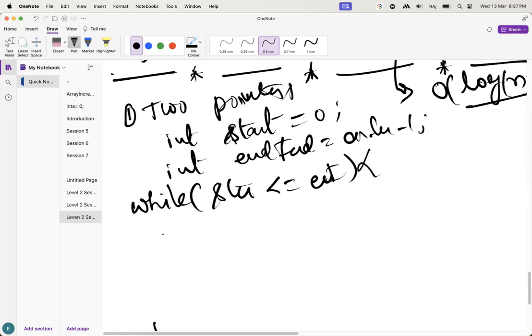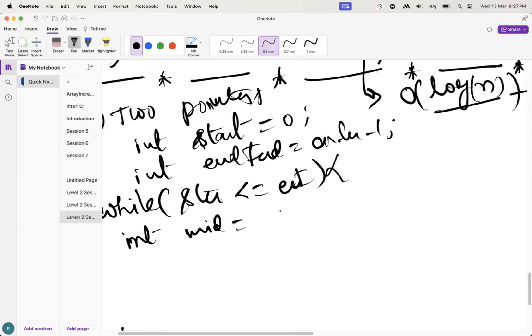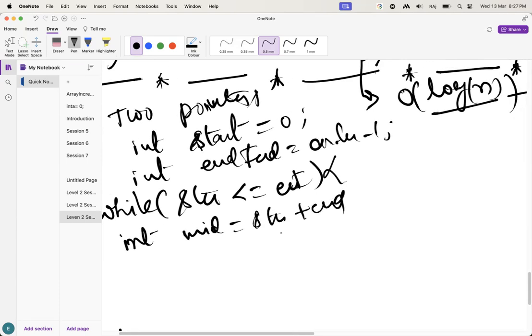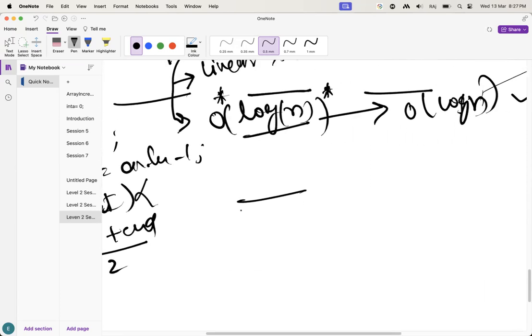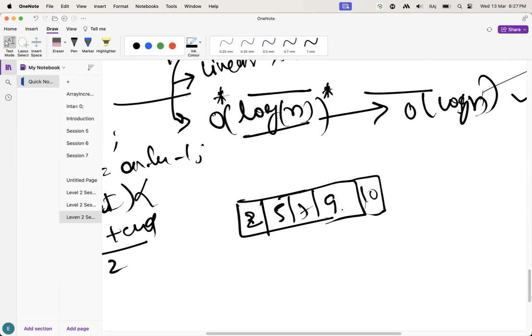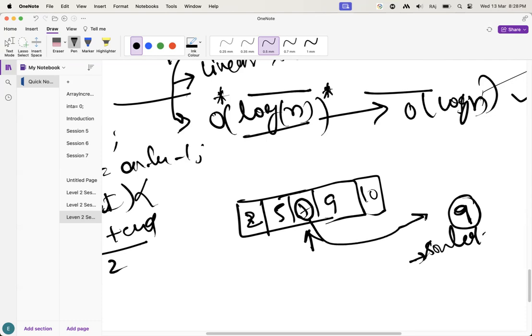Okay, guys. Here we have to find the mid element. Guys, why do we need to find the mid element? Any idea, guys? Just tell me. I have given one sorted array here. Let's suppose 2, 5, 7, 9, 10. I want to find the element 9. This is already sorted. So if I know the middle index, we compare the middle element with my target.